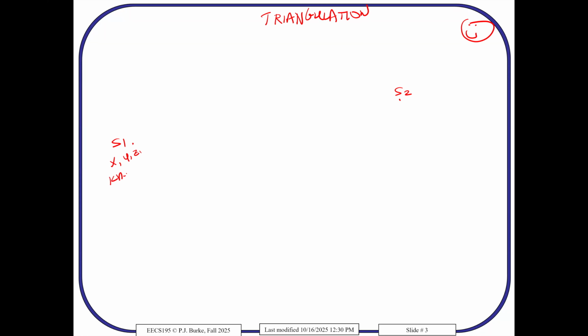This is known. The satellites do know their positions and they broadcast their positions as part of their signal. So if you receive a signal from the satellite, it tells you exactly where it is. And you're an observer and you want to know, where am I?